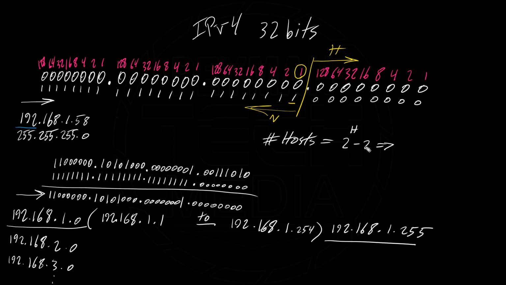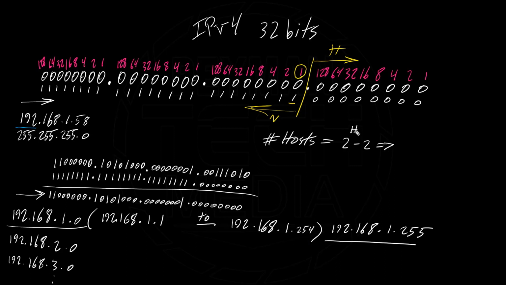Why minus 2? Because of the network address and the broadcast address. We cannot assign them to devices on the network. They are mainly used by programs and applications, routing protocols and all that. So these are the usable IP addresses in this range.